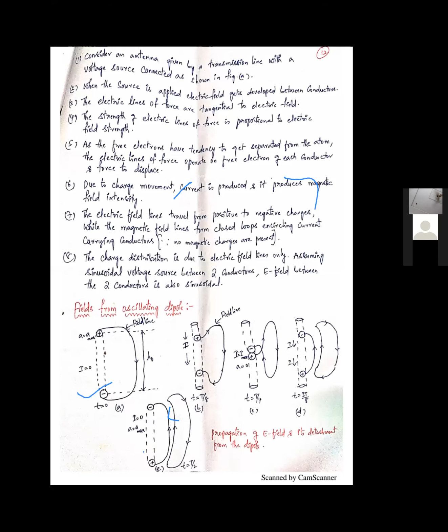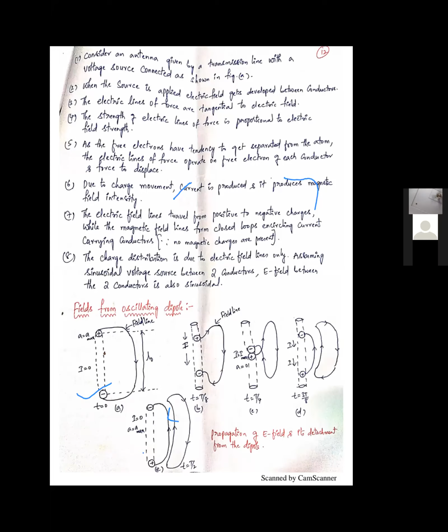Now, another topic is fields from an oscillating dipole. Repeat, dipole means two poles equal in magnitude but opposite in sign, right?